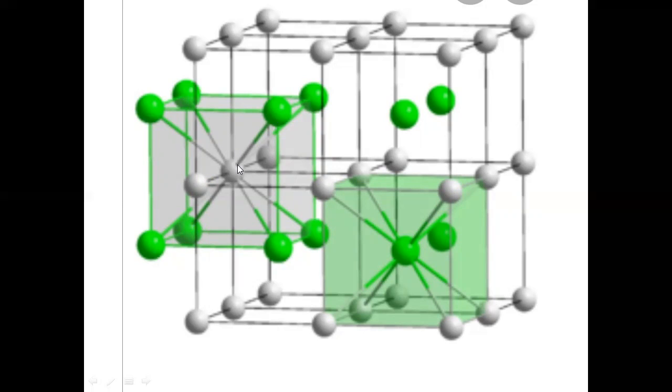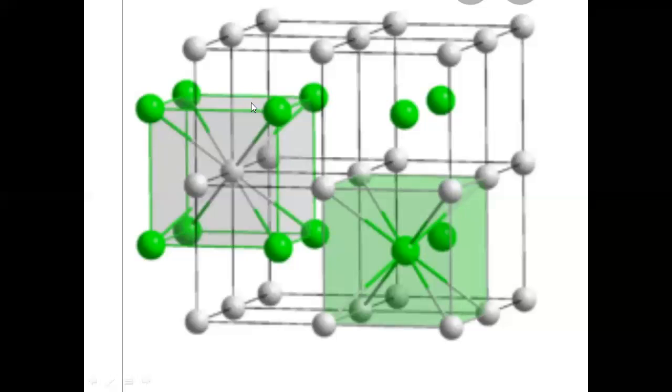In this case, one chloride ion is surrounded by 8 cesium ions. Let's count: 1, 2, 3, 4, 5, 6, 7, 8. So one chloride ion is surrounded by 8 cesium ions, and one cesium ion is surrounded by 8 chloride ions.